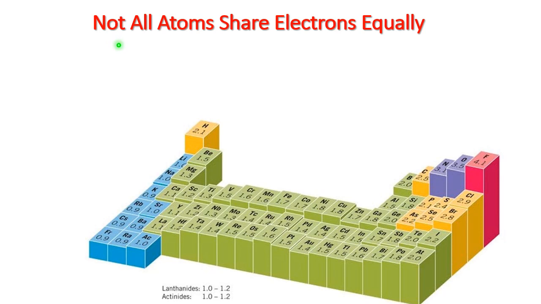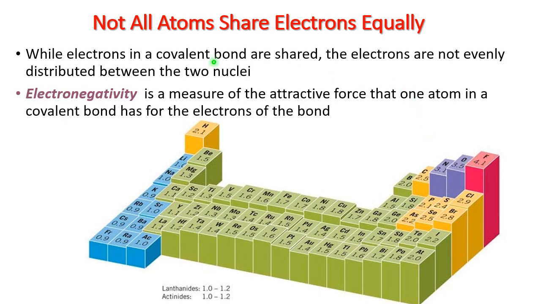Not all atoms share electrons equally. Some of them are more positive, like alkali metals. Some of them are much more negative, like halogens. When electrons in a covalent bonds are shared, the electrons are not evenly distributed, and the measure of this inequality is electronegativity.